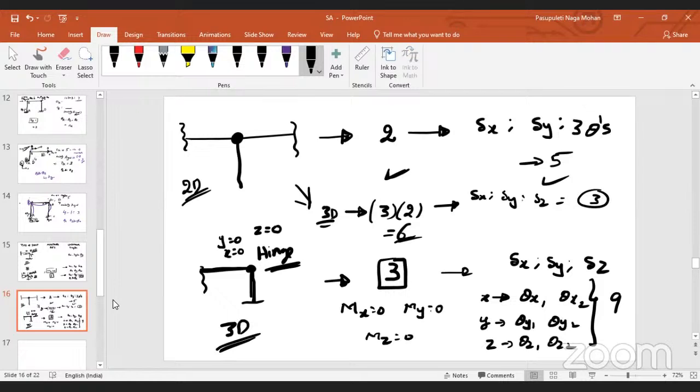So along x direction, 3 different rotations are possible. If you take y, along y also 3 different rotations. If you take z, along z also 3 different rotations. So total 3 times 3 rotations, 3 per direction, x, y, z. That will be equal to 9. So total how many?